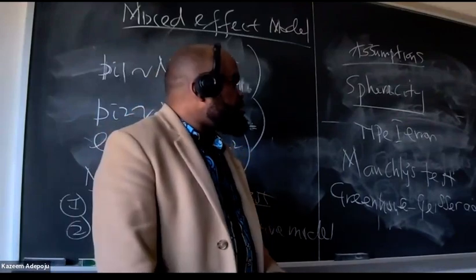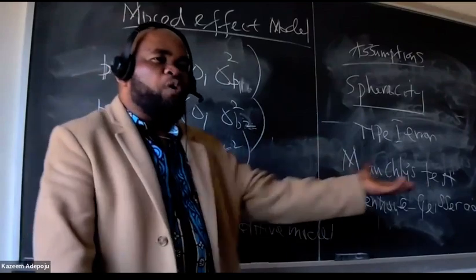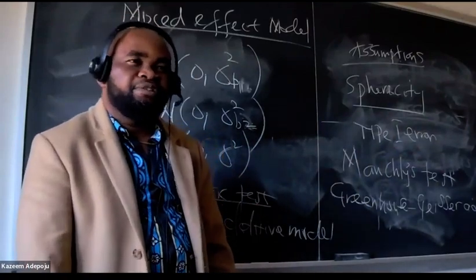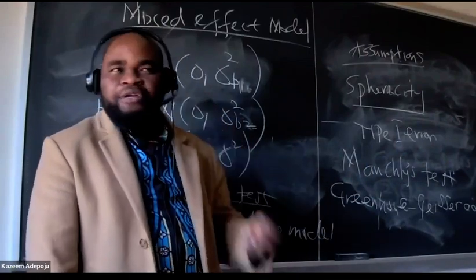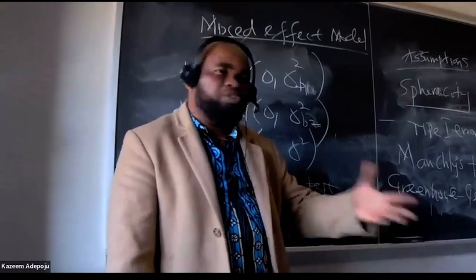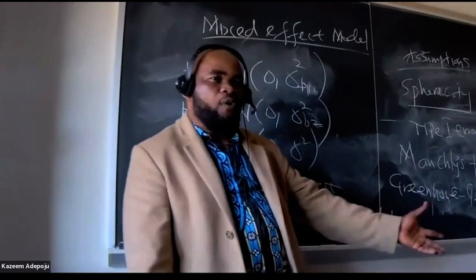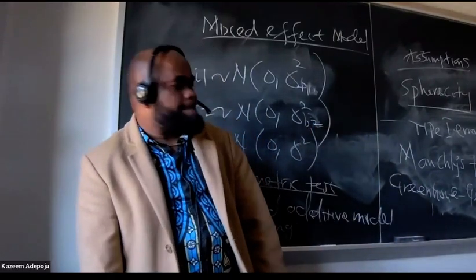But let me tell you this: the random part of a model is called the unobserved part. Whether random intercept or random slope, they all belong to the random part in the model that we need to account for, in a situation where we don't want to mislead.